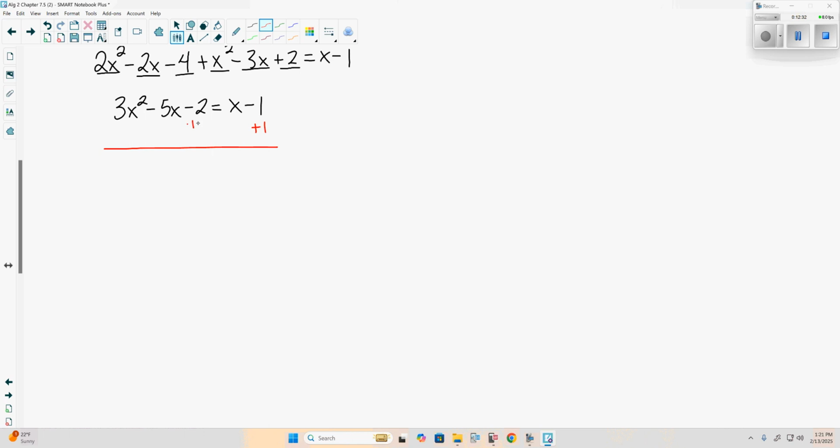We can add 1 to both sides, which will tell us that 3x squared minus 5x minus 1 is equal to x. And then lastly, we would subtract x from both sides, telling us that 3x squared minus 6x minus 1 is equal to 0.